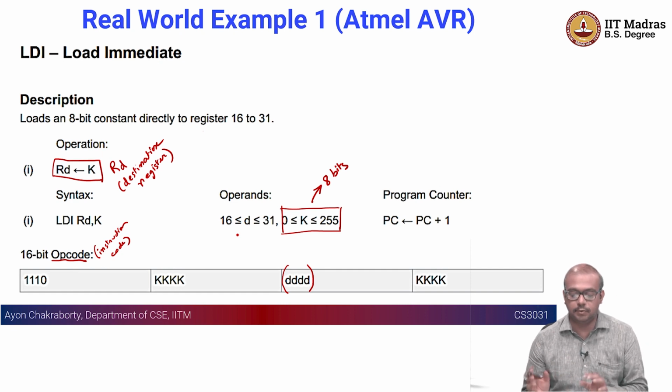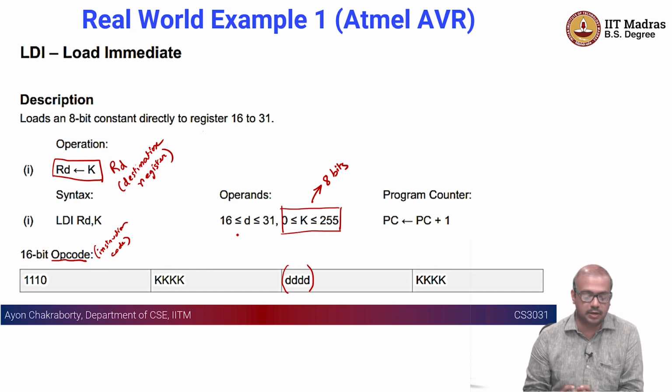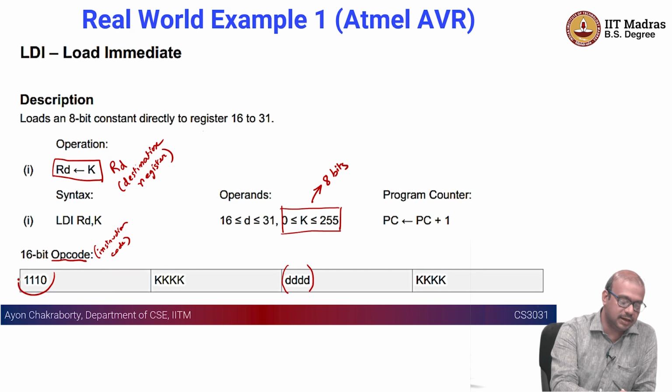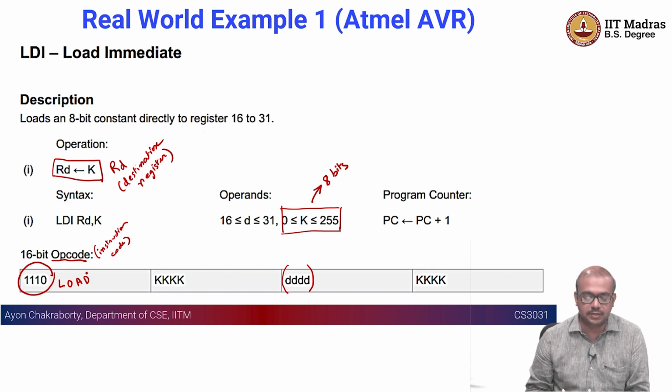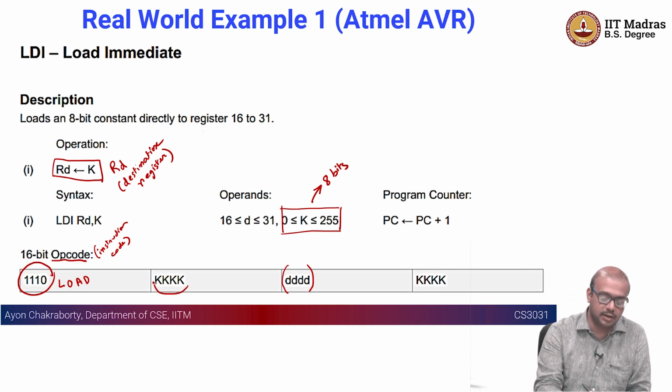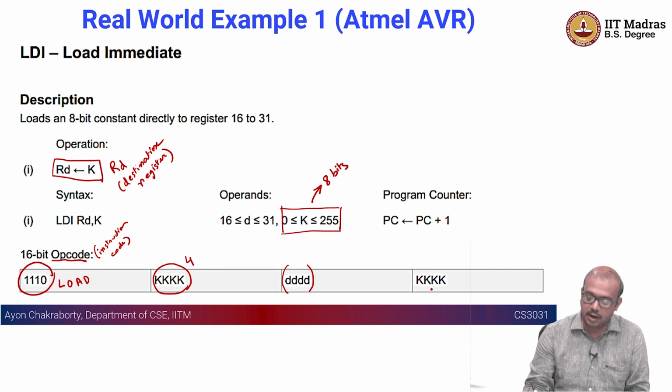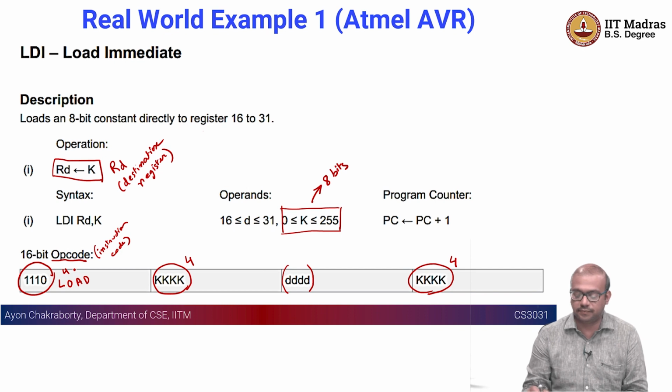We want to pack as many bits as possible, because first of all, this part itself means that this is a load operation. Then we have to save some bits for the 8-bit immediate value. So 8 bits are gone here, 4 here and 4 here. 4 plus 4, 8 is gone for the immediate value, 4 is gone for the load, and only 4 is left.